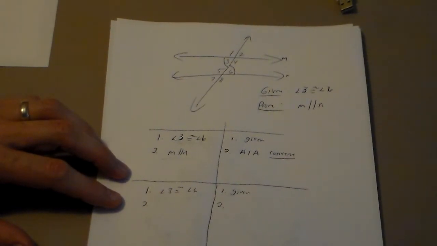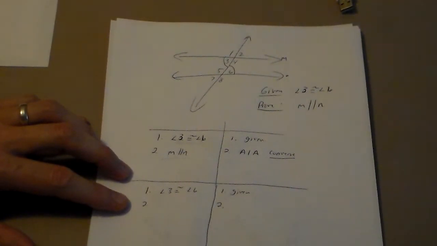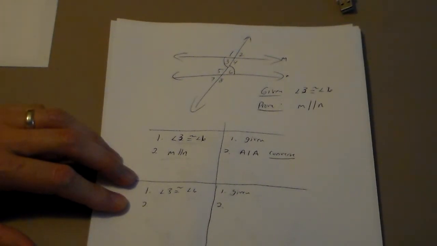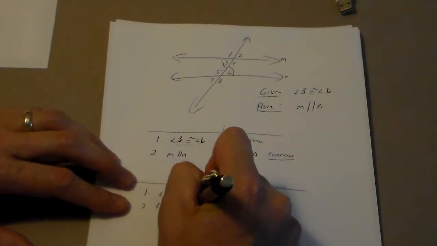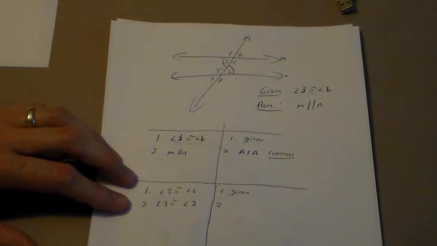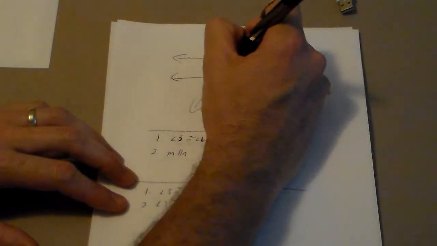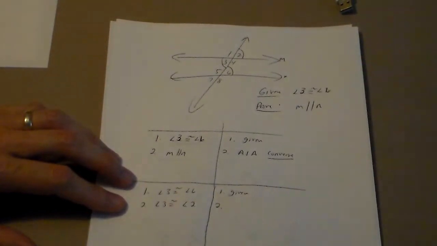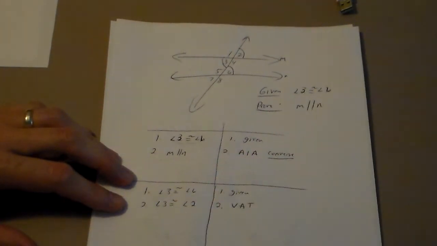So I can't use alternate interior angle converse, but if 3 is congruent to 6, I am going to say that angle 3 is congruent to angle 2. Now, how can I say that angle 3 is congruent to angle 2? How can I say that these two angles here are congruent? Anybody know? Yeah. The vertical angle theorem.